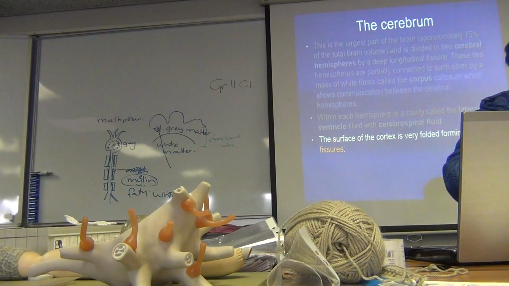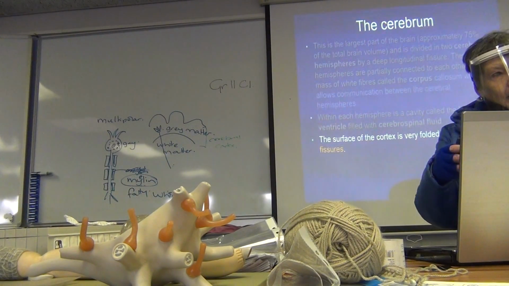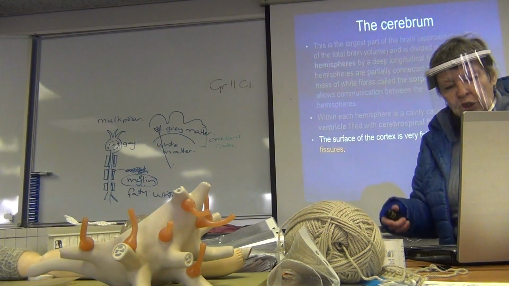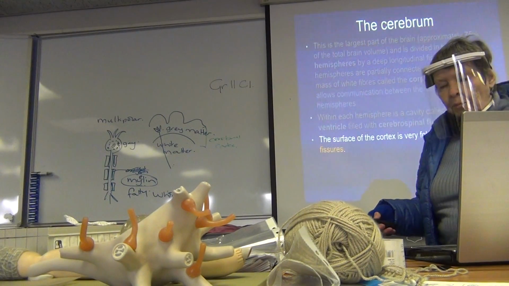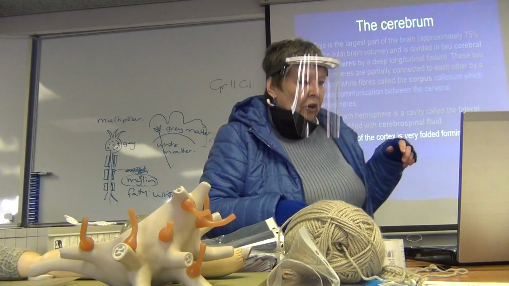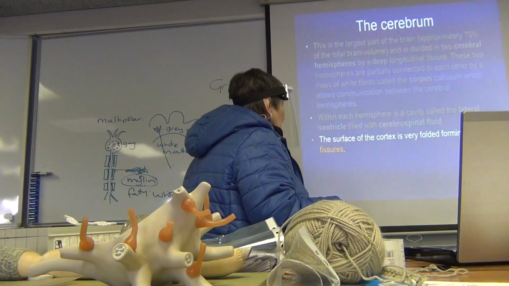As you go up in terms of evolution, more and more fissures developed. It's possible to see evidence of that in hominid evolution: way further back in the evolution of man, there were fewer fissures.